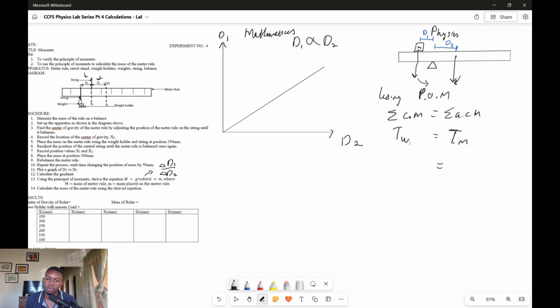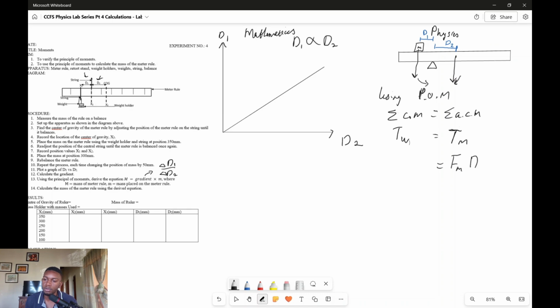Now we need to express these moments in terms of forces and distances. Remember the equation for a moment: moment equals force multiplied by perpendicular distance. So what's the force of the mass? We have the force of the mass multiplied by the distance, and what distance is that?